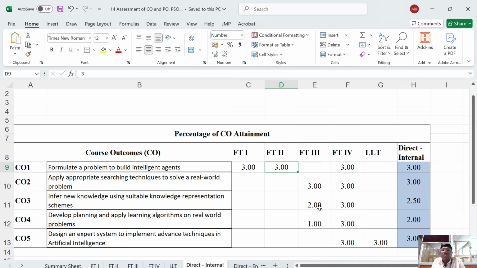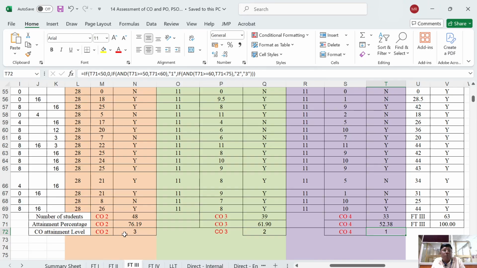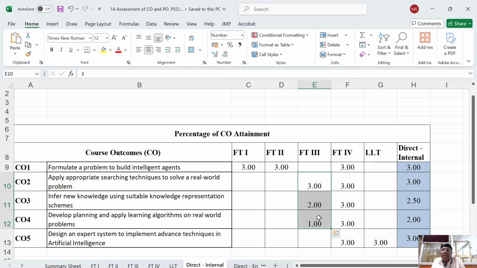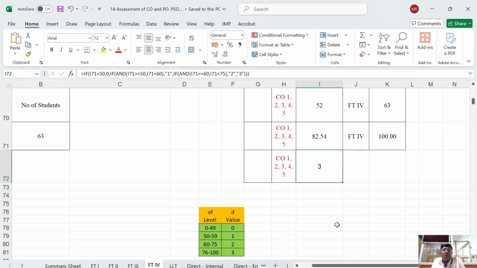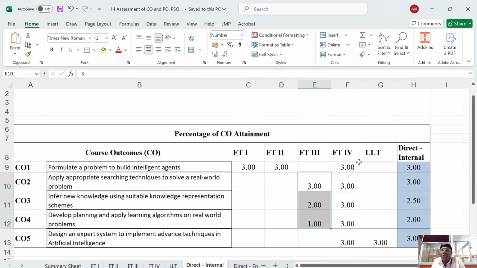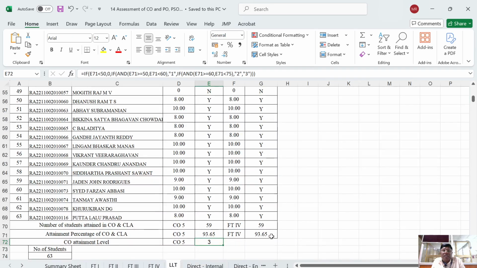So for CO2, CO3 and CO4, whatever attainment level is available, I have put here 3, 2, 1. The same way I have put 3, 2, 1. And FT4, if you look at FT4, it is common for all 5 COs. So I have put all the 5 COs as a common one. And lifelong learning, if you look at it, is CO5.